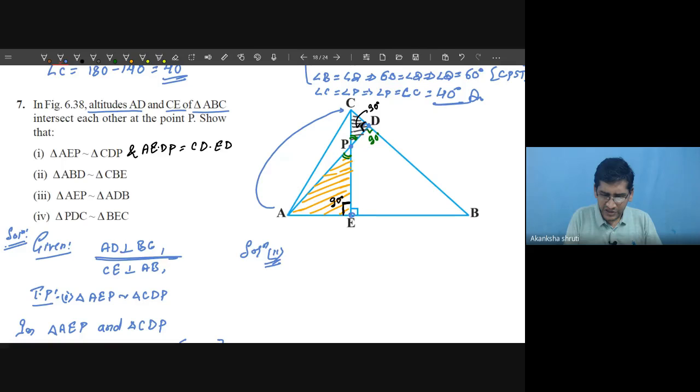Then take the next. The triangle ABD is similar to triangle CBE. Observe, student, be careful while writing this. So first you have to observe or allocate this in the given figure.